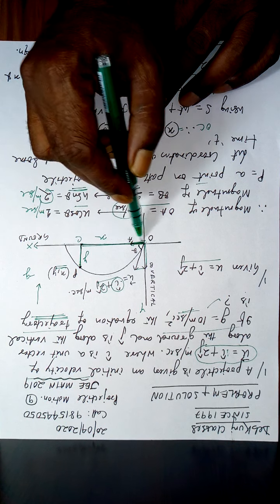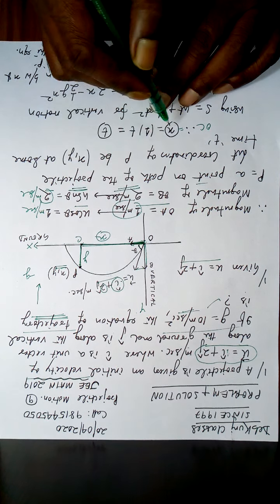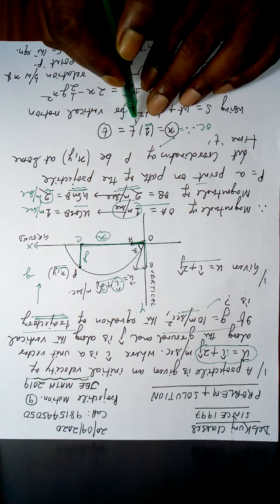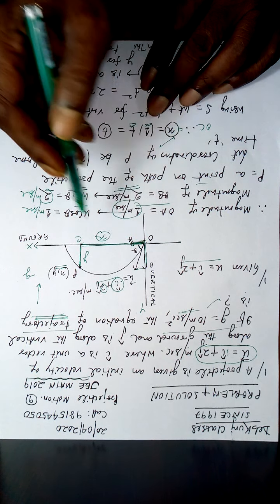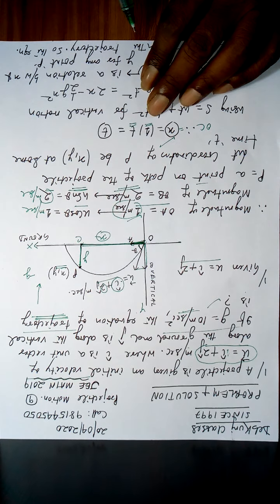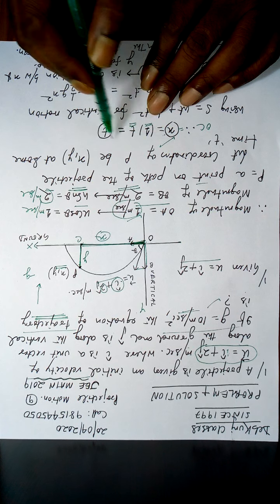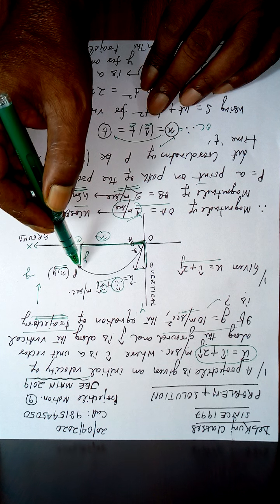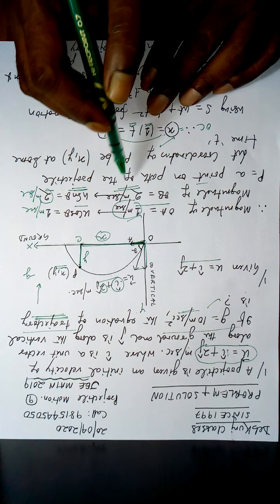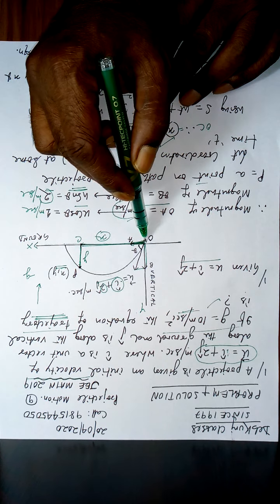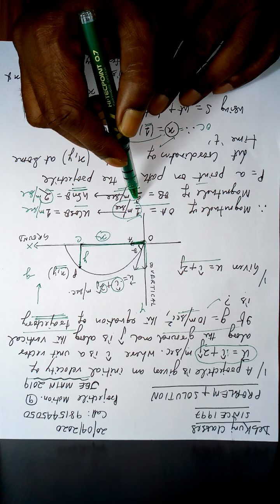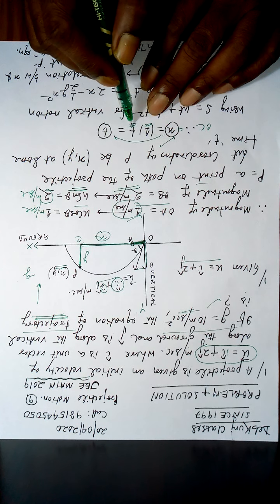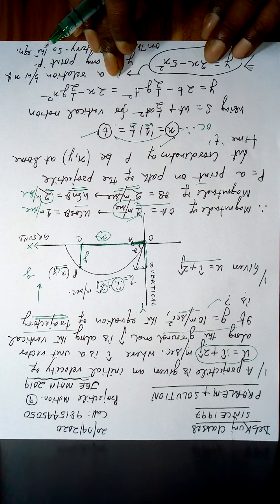So this distance from O to C, which is x, will be equal to speed into time, because to this side the speed is 1 meter per second. So x is equal to t. The projectile is at P at some time t. So x is equal to the speed to this side, 1 meter per second, into time, that is 1 into t, equal to t.